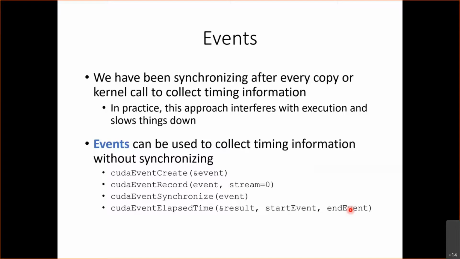I just want to time how long it takes without having to synchronize before it or after it. What I could do is record an event before the cudaMemcpy and record an event after the cudaMemcpy, and then get the elapsed time between these two events. This tells me how long that cudaMemcpy took without me having to synchronize and interfere with the asynchronous behavior that I'm trying to achieve.